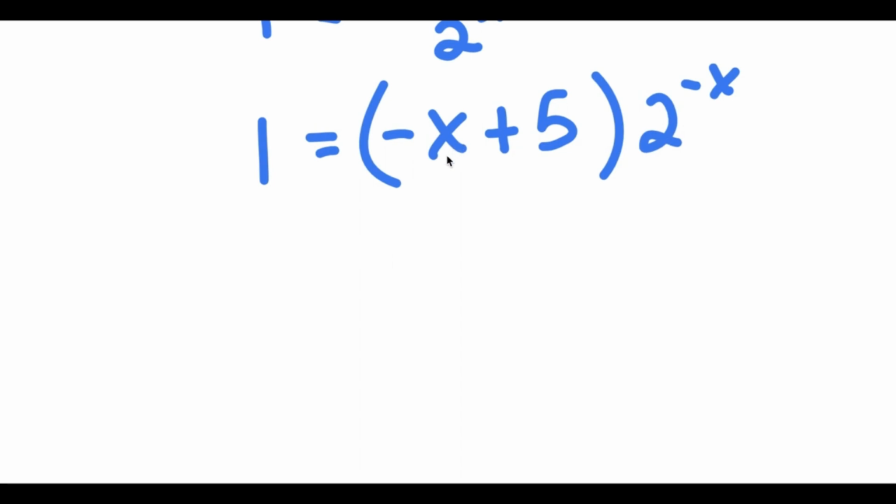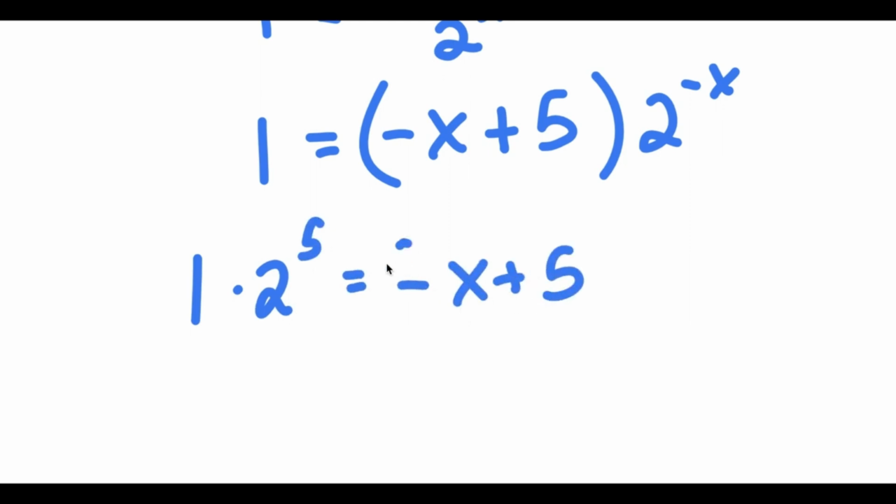And if I multiply both sides by 2 to the power of 5, I get 1 times 2 to the power of 5 is equal to negative x plus 5 times 2 to the power of negative x.